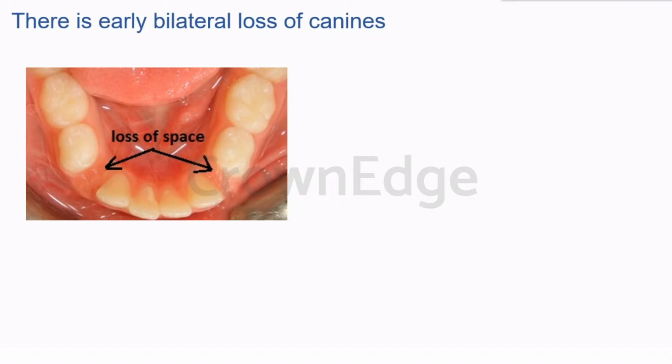The laterals are going to tip distally. The first primary molars are going to tip mesially. And like I told you, all the consequences that were happening for the unilateral loss are going to continue the same. There is a possible effect of impaction of the permanent canines that can also happen in the worst scenario. So there will be loss of arch perimeter, and blocking out of permanent canines is also seen if there is bilateral loss of canine.